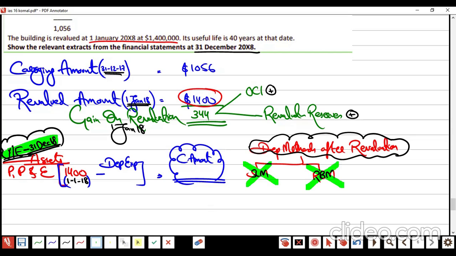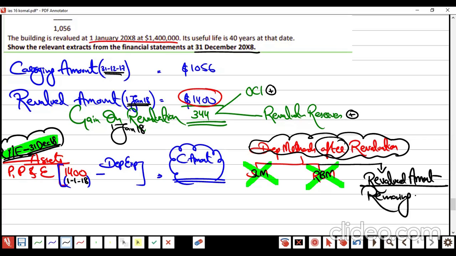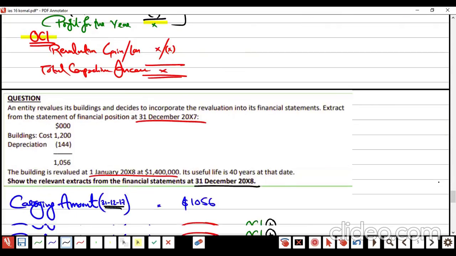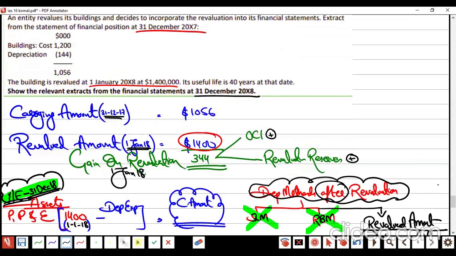So a new method is going to be invented, and that method is the depreciation method after revaluation, and it's very easy. The formula is revalued amount divided by remaining life. This formula we cannot use normally, like what we learned yesterday or before.